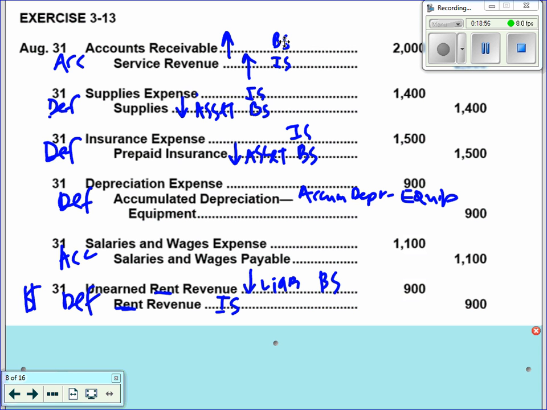Can you tell by just looking at this if they have a net income or loss? You should be able to. We have some revenue. What kind of revenue do we have? Service and rent. 36 plus 11.9 minus salaries and wages, minus supplies expense, minus rent expense, minus insurance expense, minus depreciation expense. Just by looking, they're math gurus.